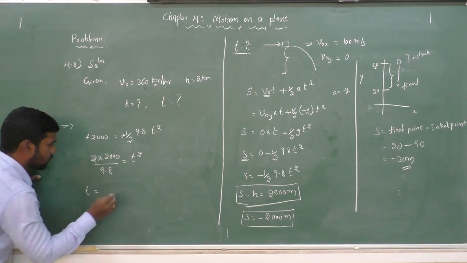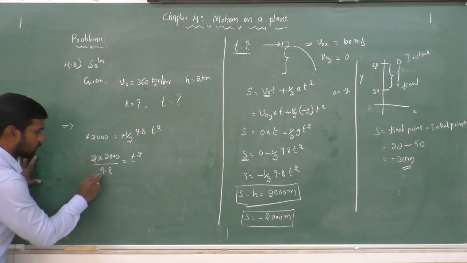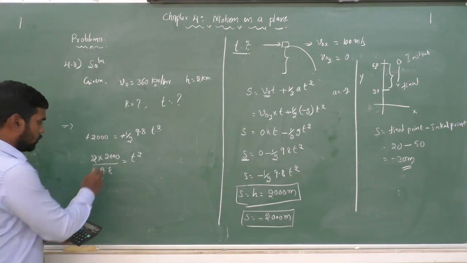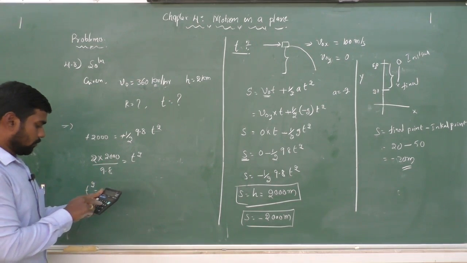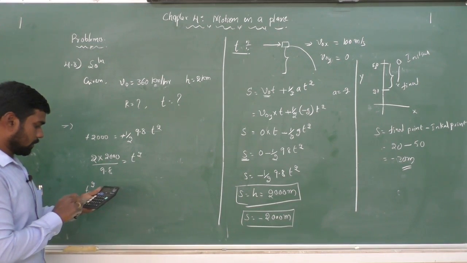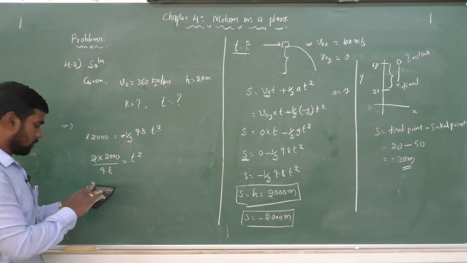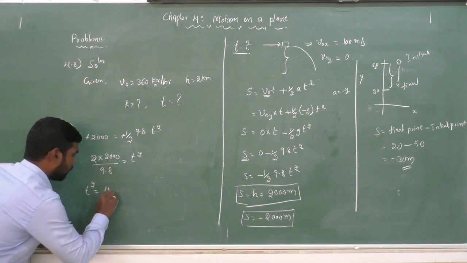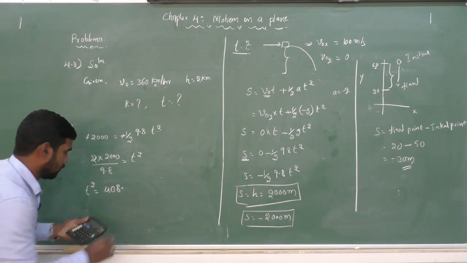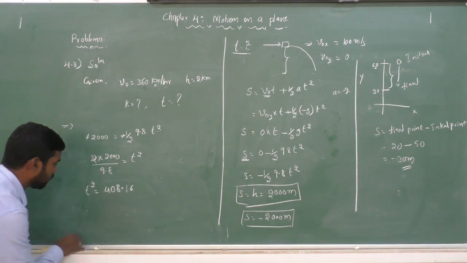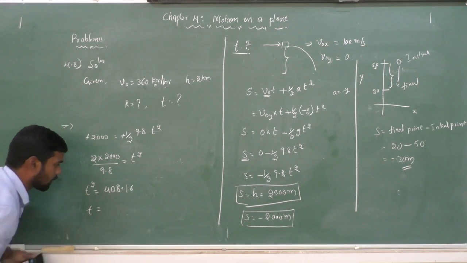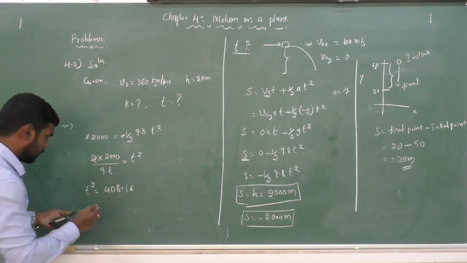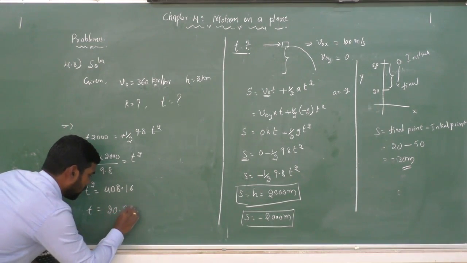Just take the calculator and find out. 2 into 2000 is 4000, divided by 9.8, that is 408.16. Then t is the square root of that, which is 20.20 seconds.